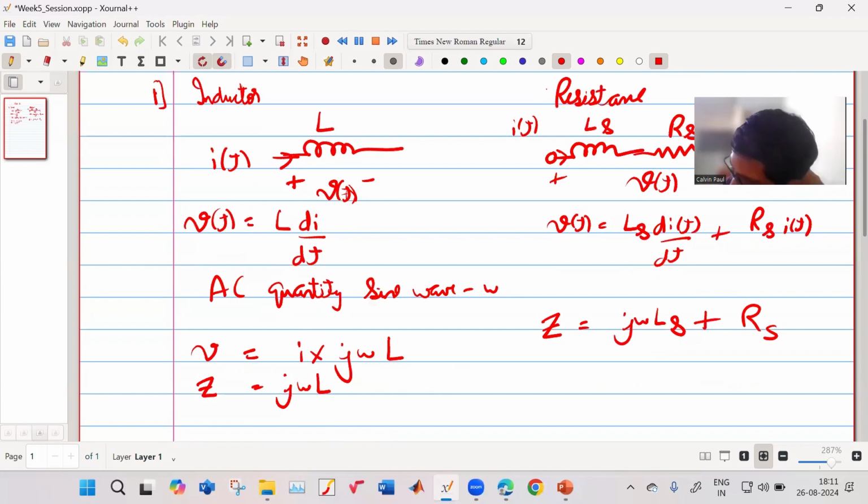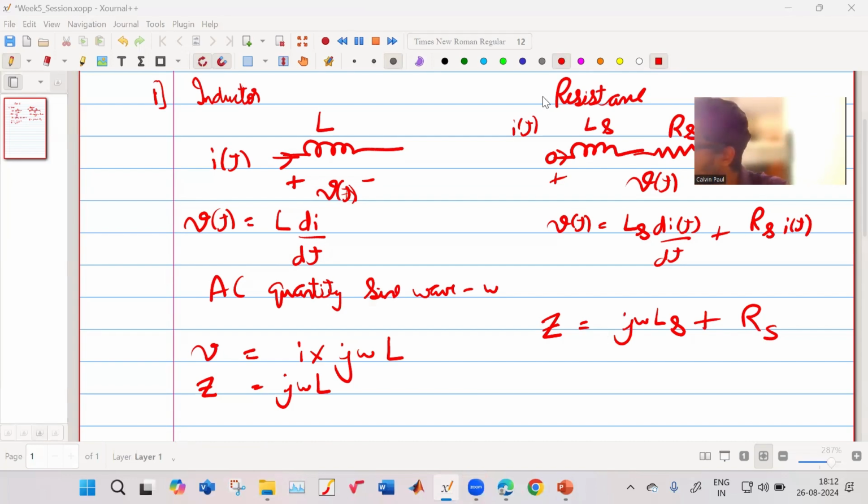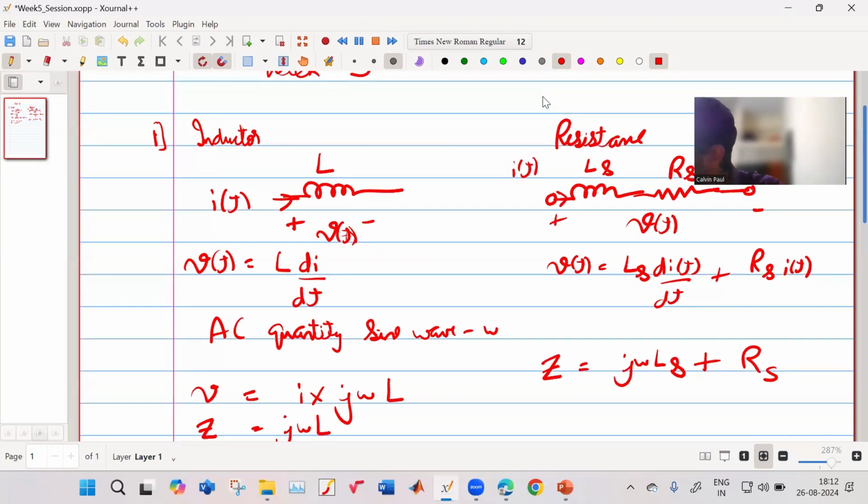Any doubts still here? Okay. So this is the impedance Z for a practical inductor.